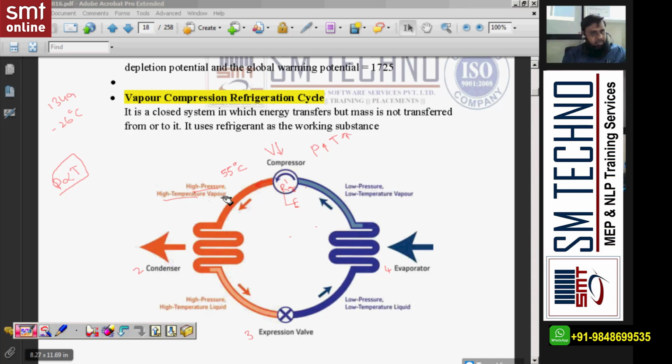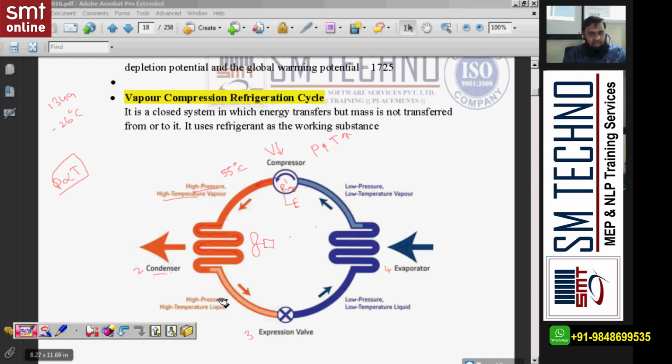Say 55 degrees centigrade in vapor, and this refrigerant will pass to a heat exchanger called condenser. This is called what? Heat exchanger in general. But why are we calling it condenser? Because the refrigerant is supplied as vapor, and when it is flowing inside this, what happens? We can use the fan here. You can add this fan with the motor.